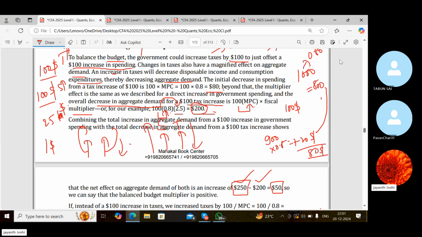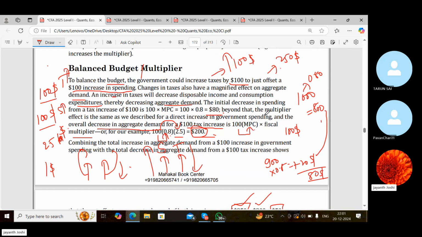And what we see here is an increase in government spending and an overall decrease in aggregate demand for a $100 tax increase. If the tax is increasing, the private spending will decrease, right? The private spending will decrease by how much? $200.